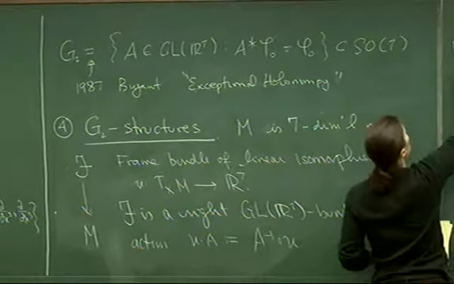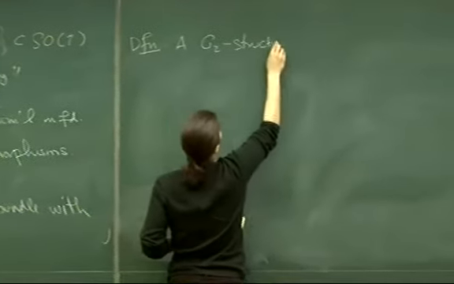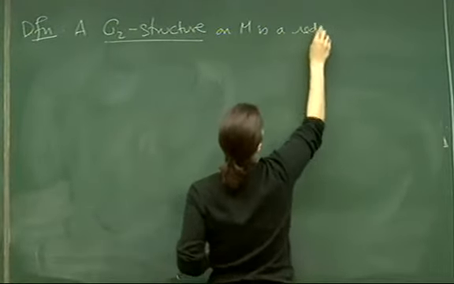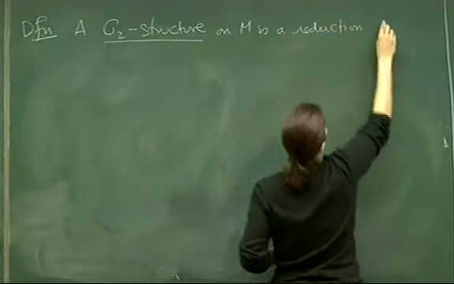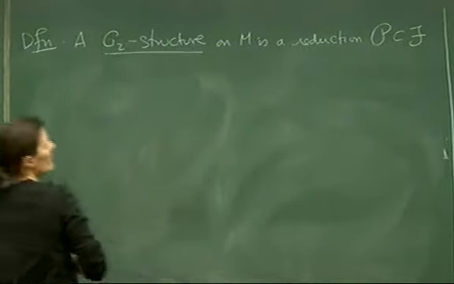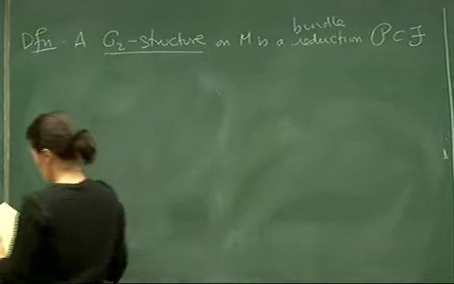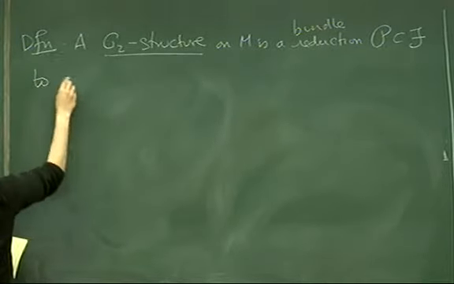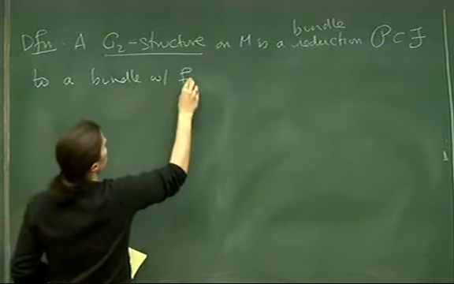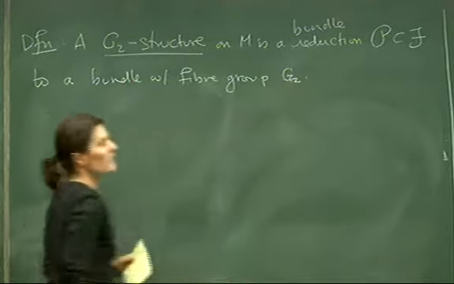So, definition: a G2 structure on M is a reduction, let's call it P, sitting inside F, to a bundle with fiber group G2.